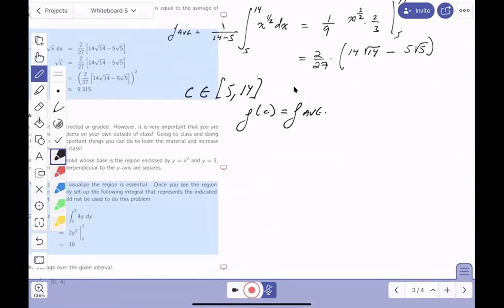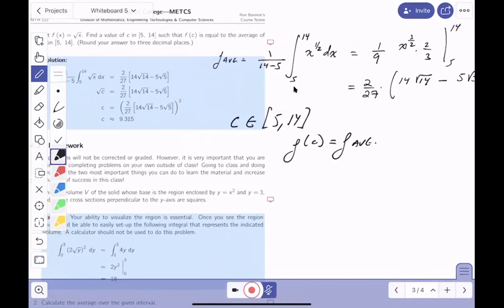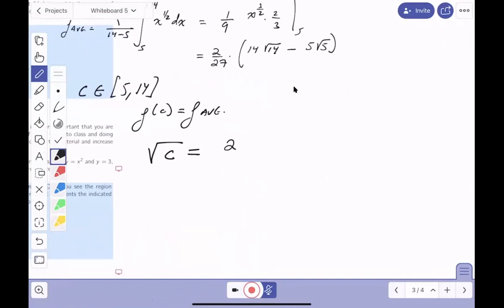Let's write this down. What's f? Well, square root. The square root of c is equal to 2/27. This is the average value, by the way. 14 root 14 minus 5 root 5.